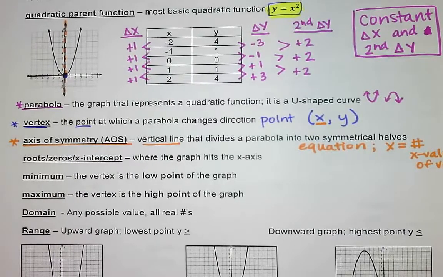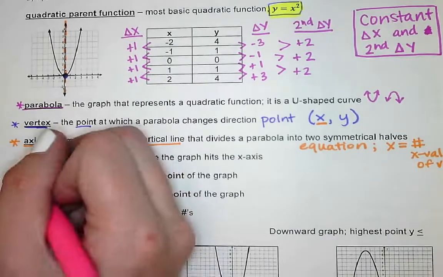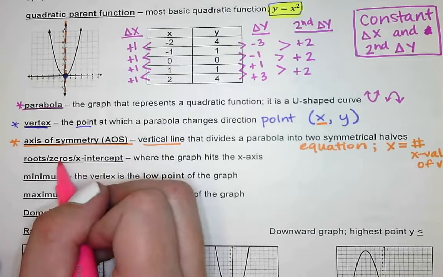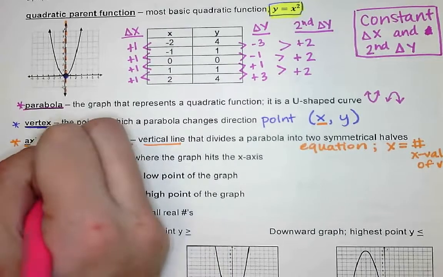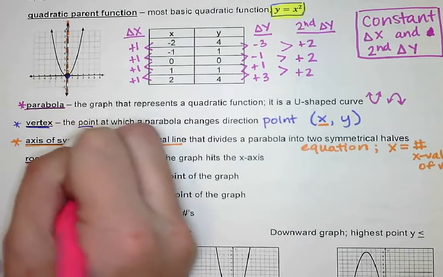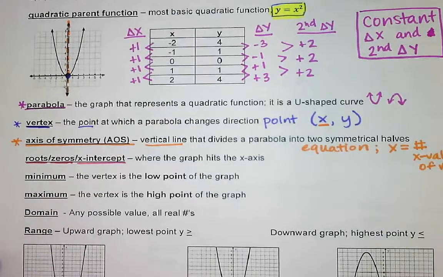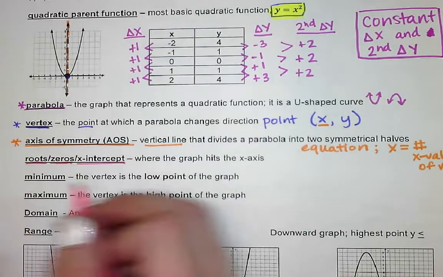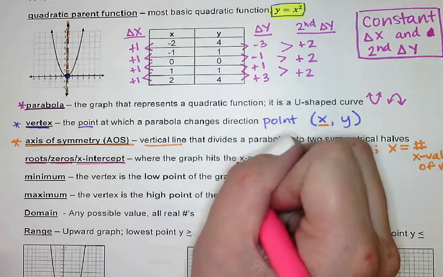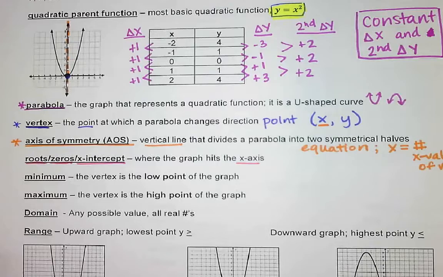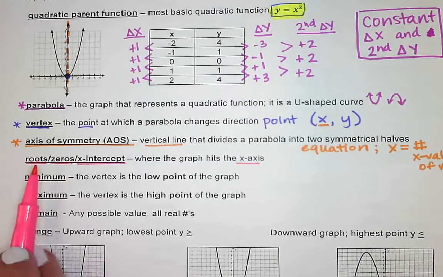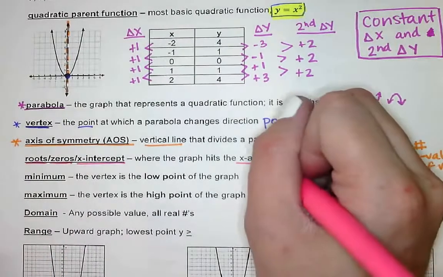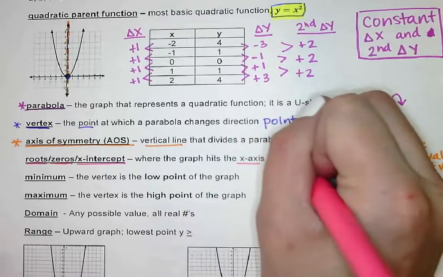And then we also talk about these roots, zeros, and x-intercepts. So, y'all, these are three things that are all exactly the same. They are where the graph hits the x-axis. And the acronym that I like to use for this is ROCKS.